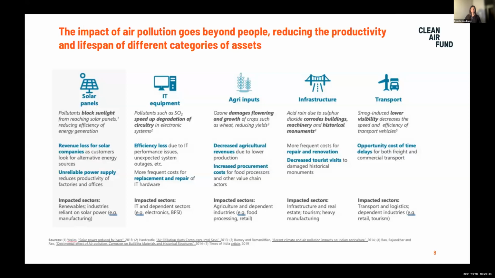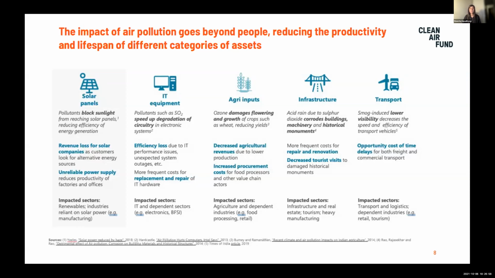And then in terms of assets and what it does to infrastructure, we looked at the RE sector specifically, and we found that solar panels were around 13% less productive as a direct impact of high pollutants in the air.